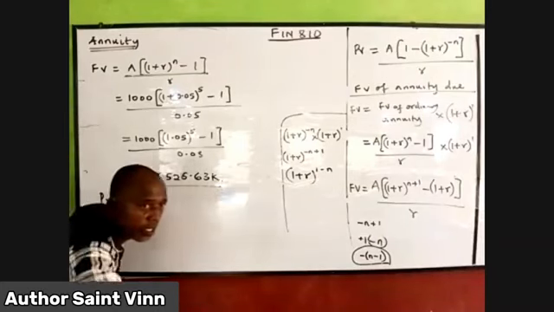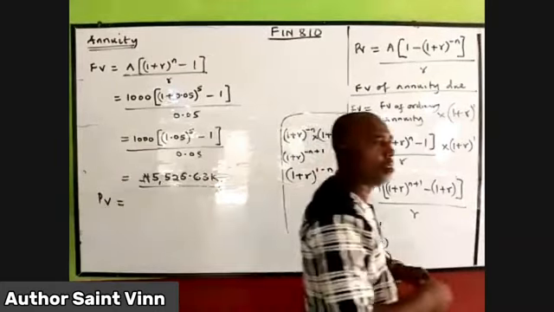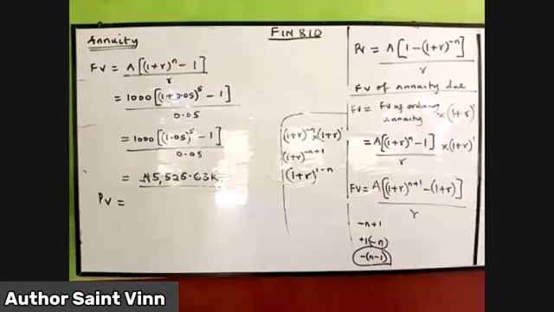Ordinary means at the end. Check the note. The money you pay at the end of the year or at the end of anything is the ordinary annuity, but the one you pay at the beginning is the annuity due.